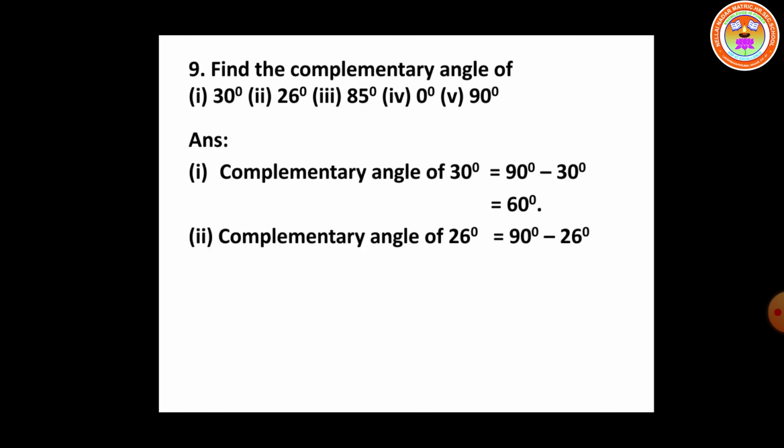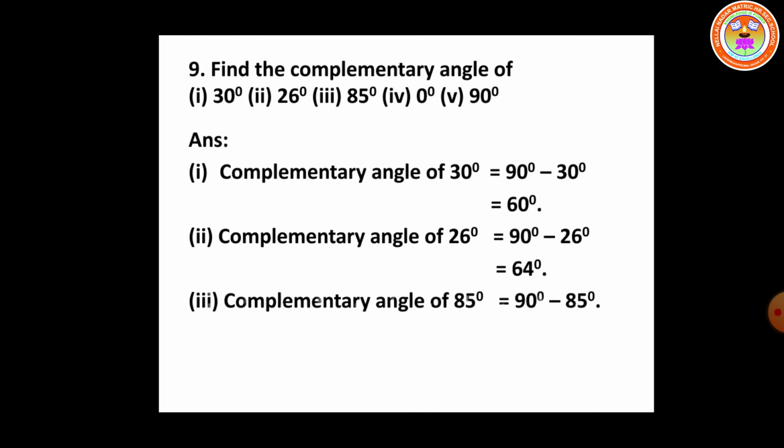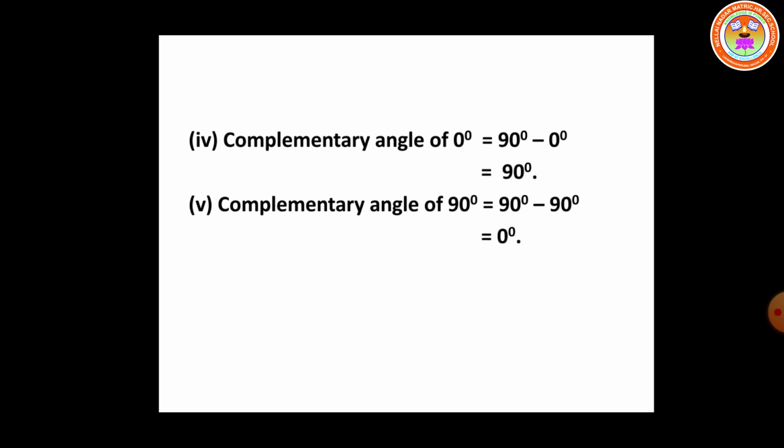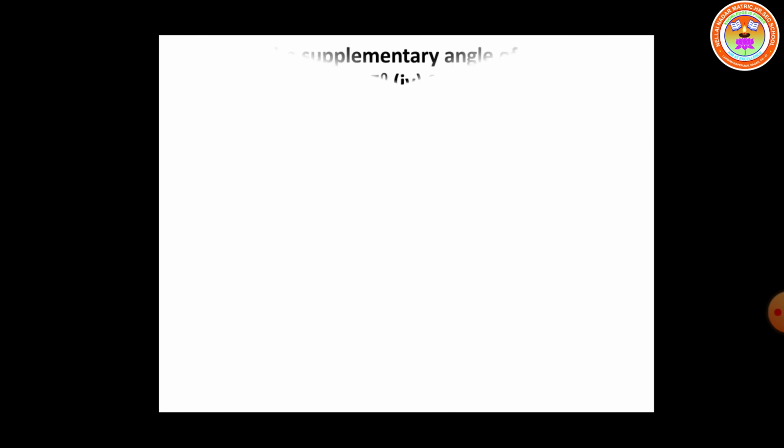Second one, complementary angle of 26 degree is 90 degree minus 26 degree gives 64 degree. Complementary angle of 85 degree is 90 degree minus 85 degree, it gives 5 degree. Fourth one, complementary angle of 0 degree is 90 degree minus 0 degree gives 90 degree. Complementary angle of 90 degree is 90 degree minus 90 degree, it gives 0 degree. Let us move to the next one.